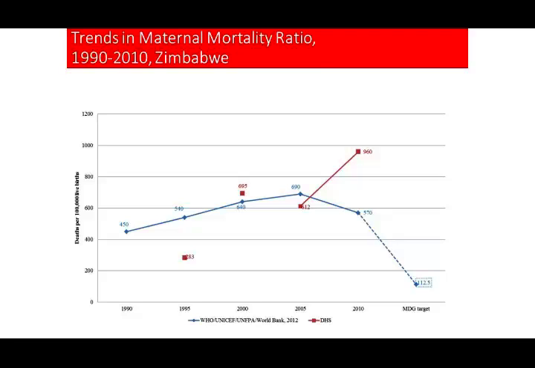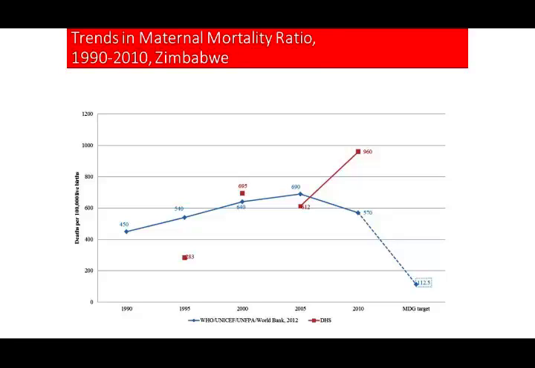In 1990, this was one of the best public health systems in Africa. The best. Maternal mortality ratio in 1990 in Zimbabwe was 390 per 100,000, while Nigeria had 2,000 per 100,000 live births.